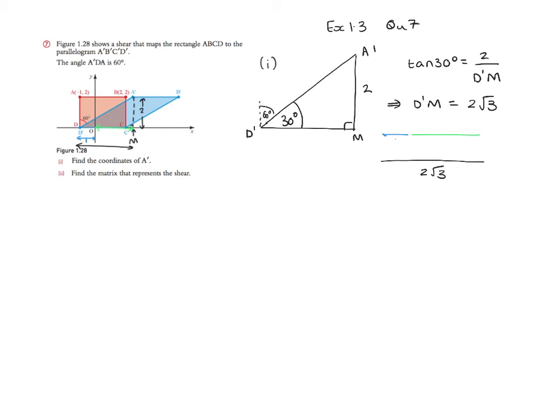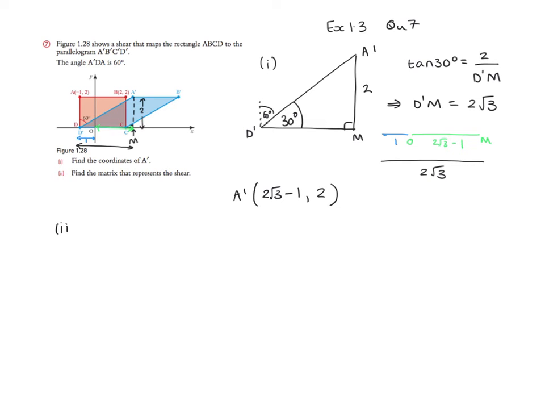That blue measurement is 1 unit, which means the green measurement, which goes from 0 up to that point M, is equal to 2√3 minus 1, and that is the x-coordinate of point A'. So point A' has coordinates (2√3 − 1, 2).